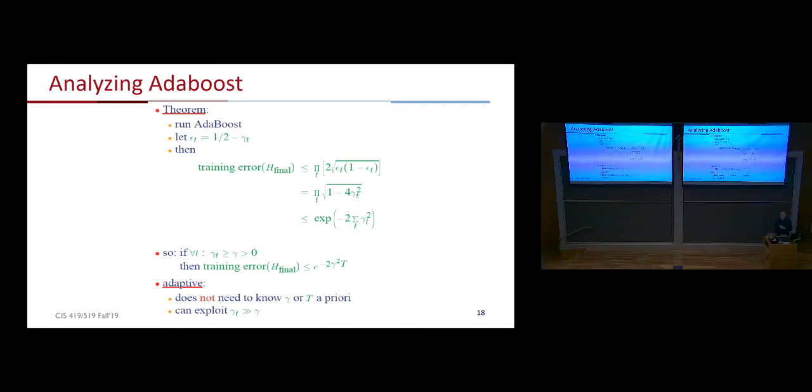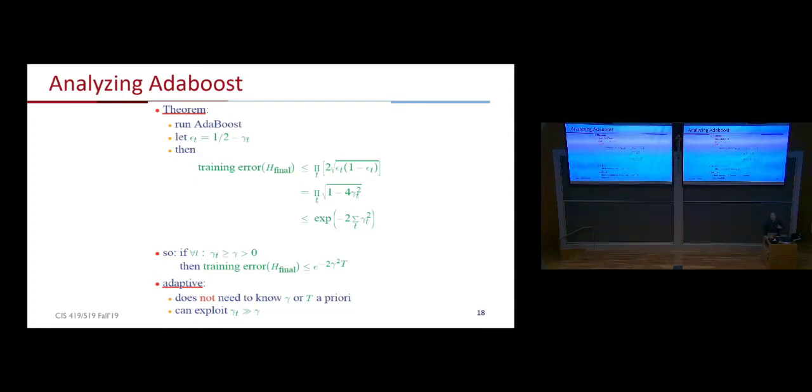Yeah? I don't know if this is what you're going for here, but since it's less than 1, it's going to converge to as small as we want. As small as we want. So as T goes up, because gamma is a positive number, the training error is going to be as small as we want. Okay? So that's an important property of AdaBoost.